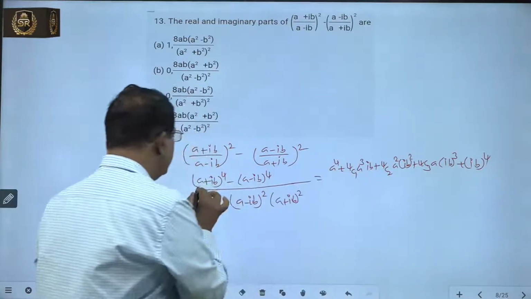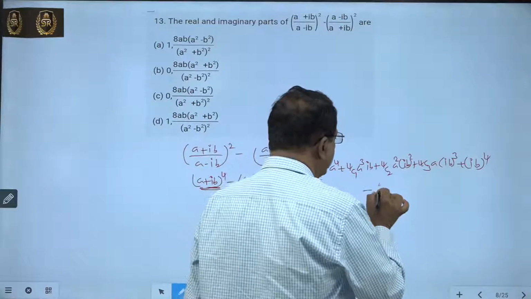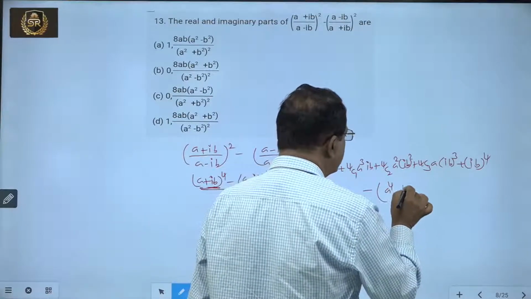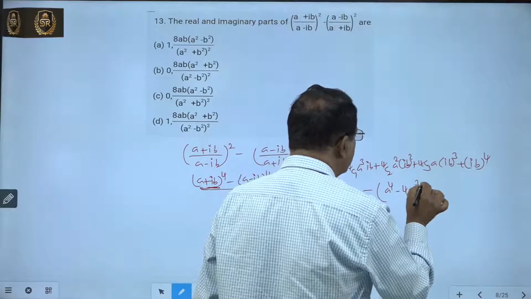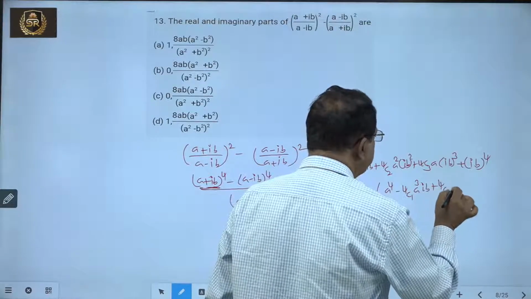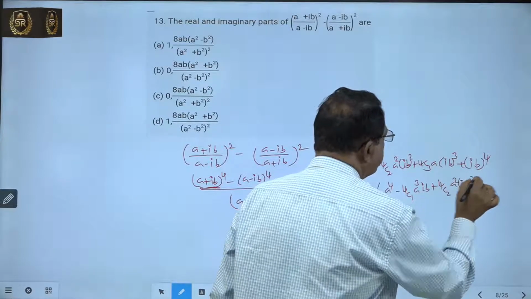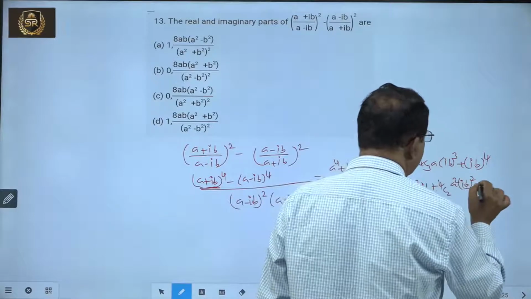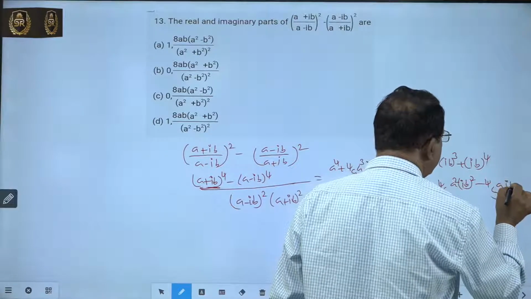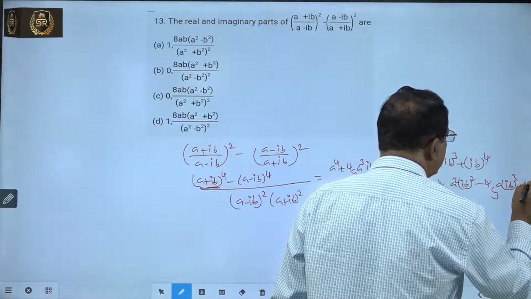It is the expansion of (a plus ib) to the power of 4 minus, similarly the second one's expansion: a power 4 minus 4c1 a cube ib plus 4c2 a square (ib) whole square minus 4c3 a (ib) whole cube plus (ib) whole to the power of 4.